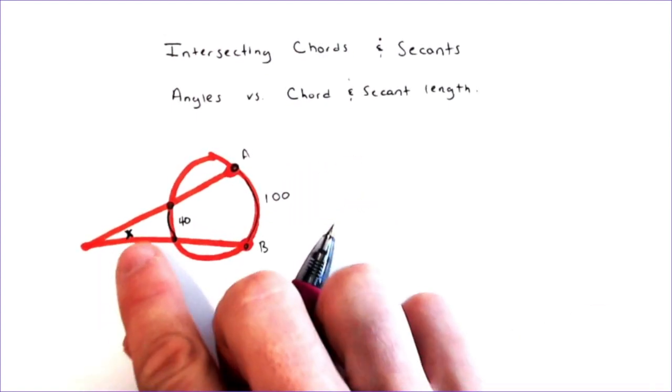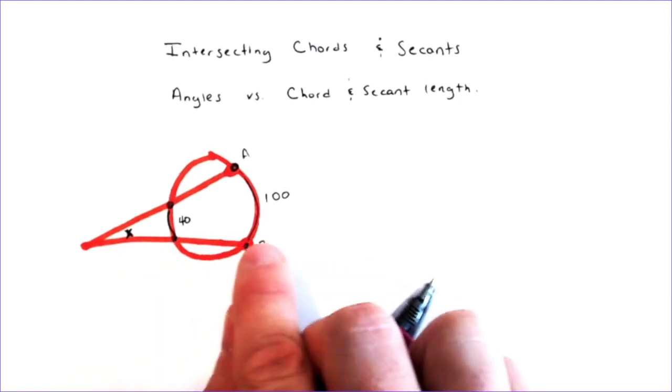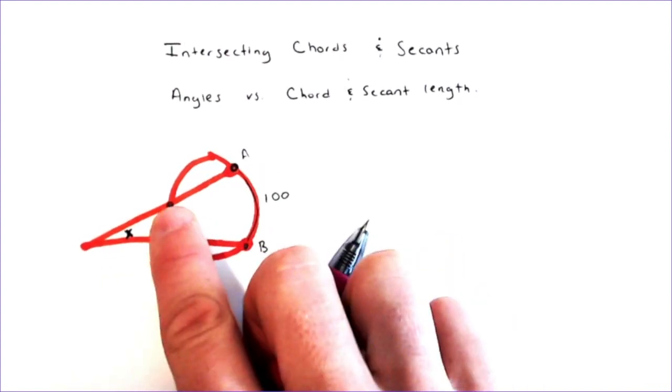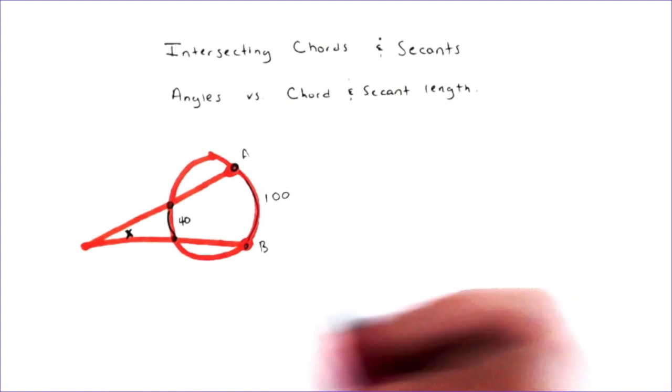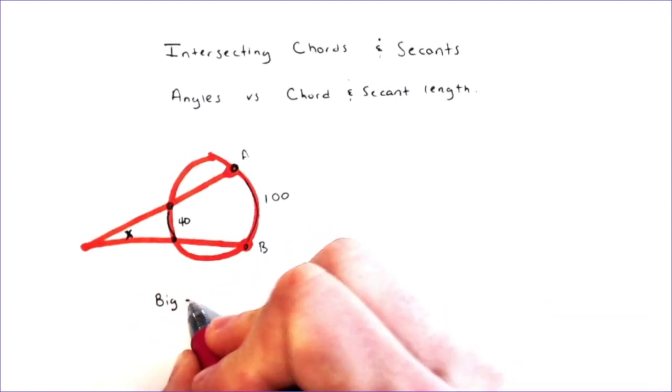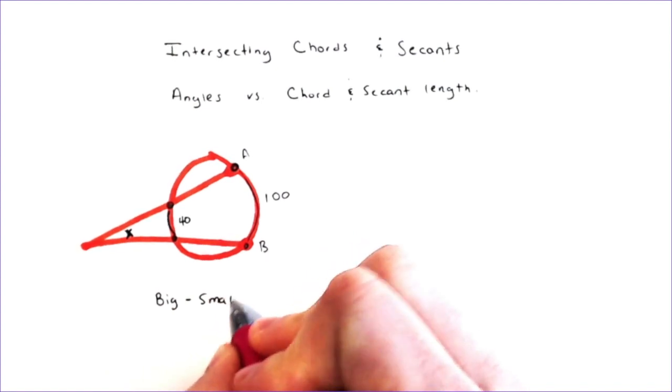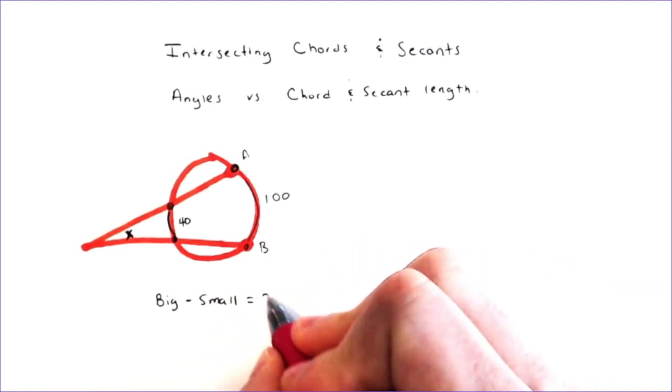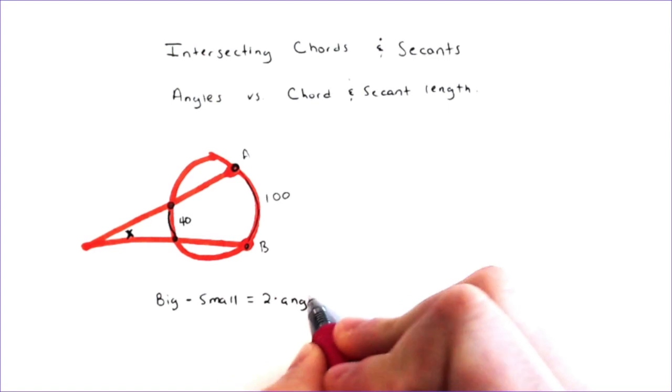And if you're asked to find the angle, or if you're asked to find either this bigger arc or this smaller arc, what you will have to do is take the big arc and subtract the small arc, and that would equal 2 times the angle.